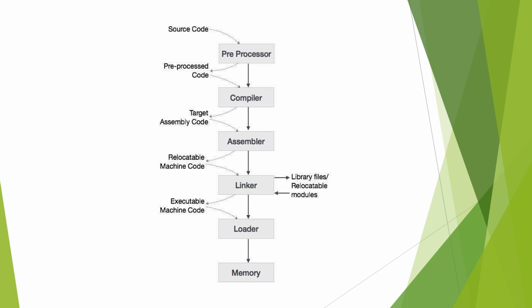Linker is nothing but library files, modules. From linker we are getting the executable machine code, and then it enters into the loader, then into the memory. This is the process of the language processing system. We will see one by one what is preprocessor, what is assembler, linker, loader, memory, everything.